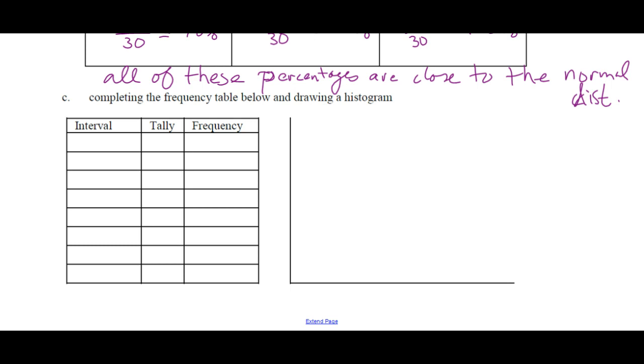So we're going to go with an interval which represents mu minus 3 sigma, mu minus 2 sigma, mu minus sigma, mu plus sigma, mu plus 2 sigma, and mu plus 3 sigma.